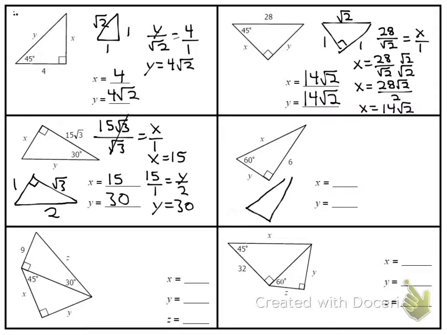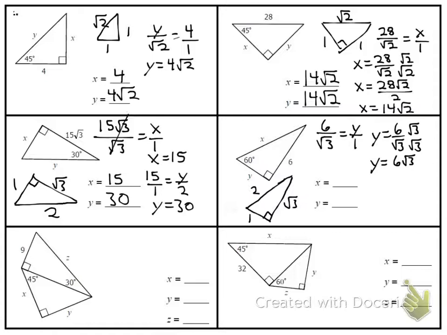Moving on, we have our 30, 60, 90, 1, 2, root 3. We're going to go 6 over root 3 equals y over 1. So this gives us y equals 6 over root 3, which we're going to multiply top and bottom by root 3.